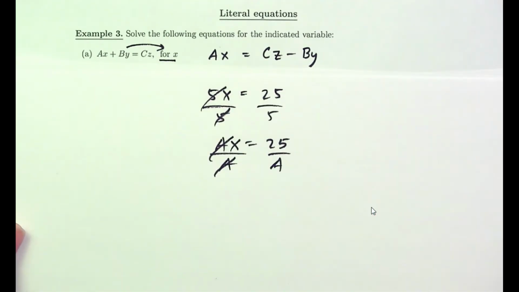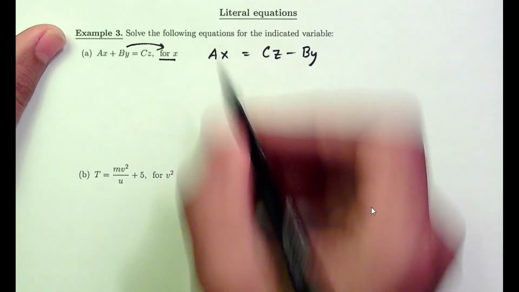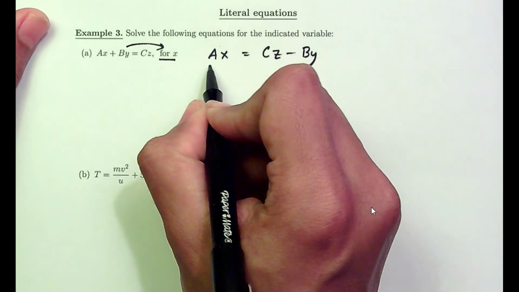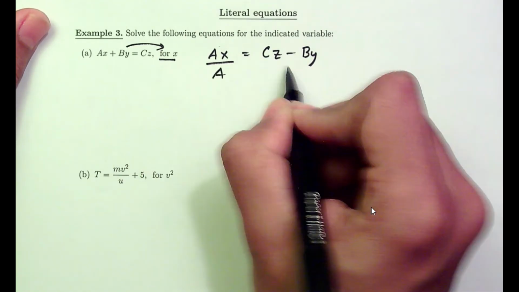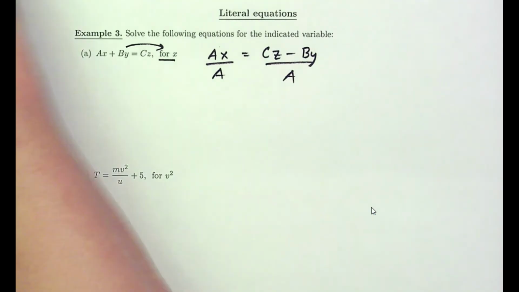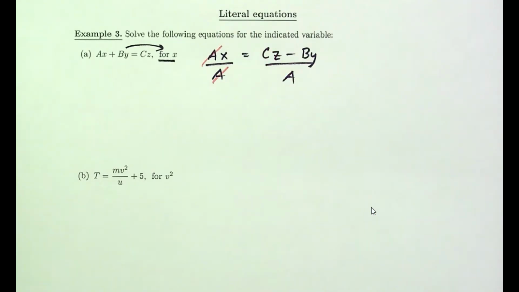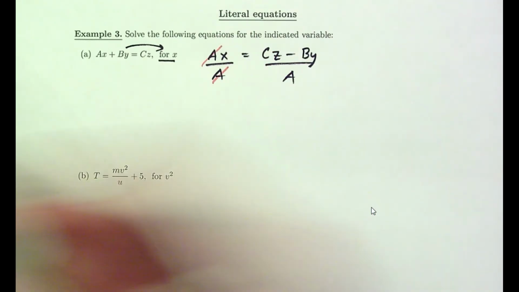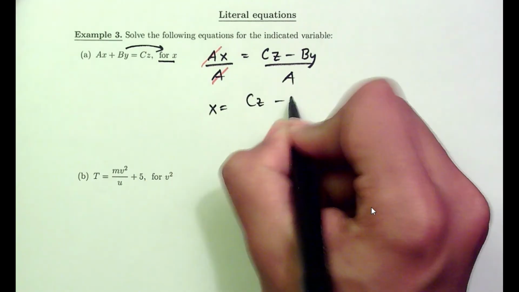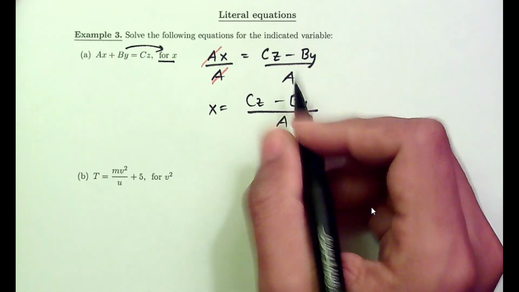Same logic. So in order to get this x all by itself, we divide by a. So this gives us the answer: x equals cz minus by, all over a.